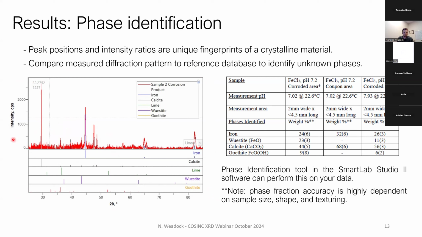And what you'll get is a result like this, where you can see several candidate phases and their expected peak positions and intensity ratios as compared to your diffraction pattern.